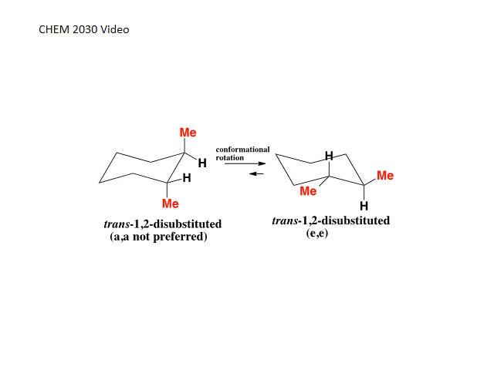So even if we considered the trans diaxial orientation for 1,2 disubstituted cyclohexane, it would immediately flip to the diequatorial, and you can see I have the arrow going from left to right much longer than the shorter arrow going from right to left.